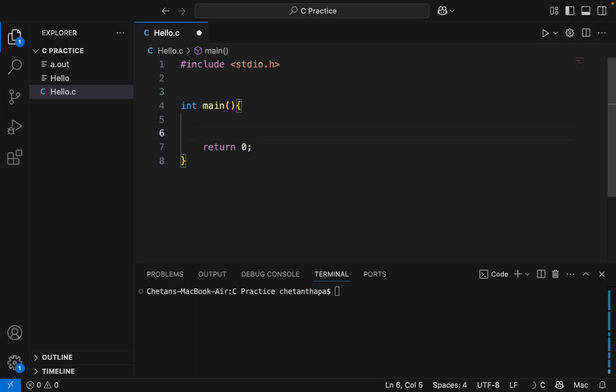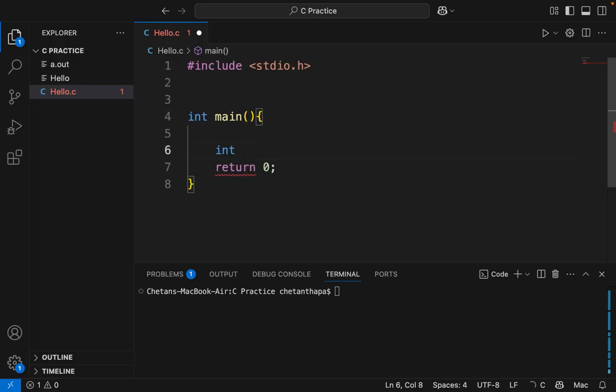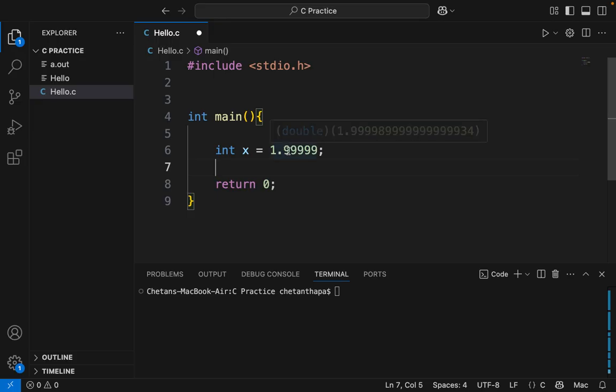Let's make it bigger. int x is equal to 1.99999. The point is that an integer does not give the number after the decimal point.